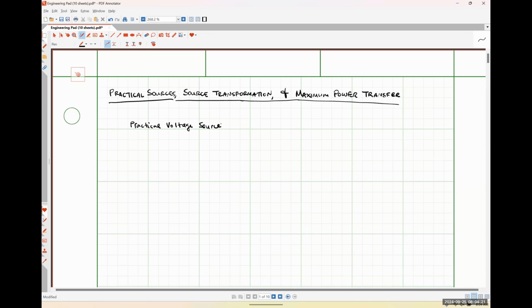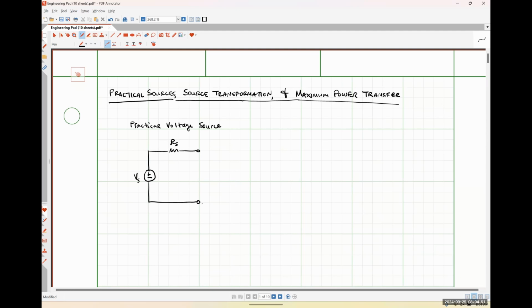Anytime we have a voltage source, I'm putting it here as an independent voltage source, but it could also be a dependent voltage source. I'm going to call this some source voltage Vs in series with some resistance Rs. This forms what's known as a practical voltage source, okay?